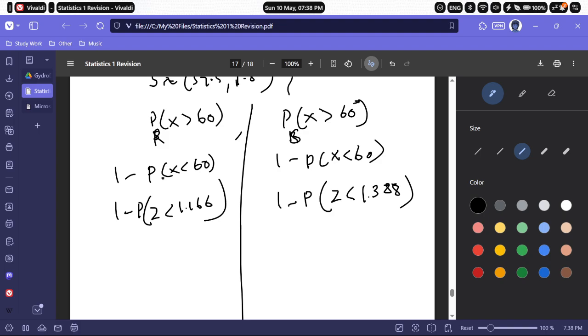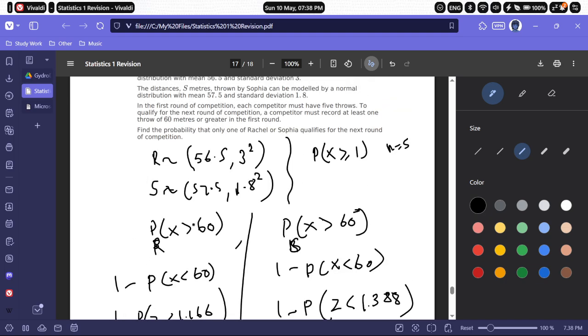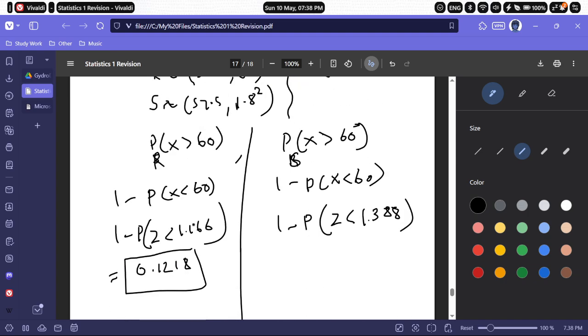So you're left with 0.1218. That's the probability for Rachel that X is greater than 60.